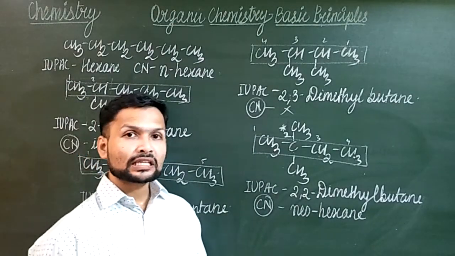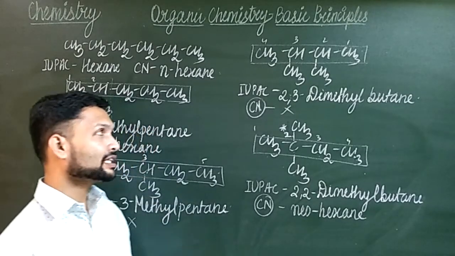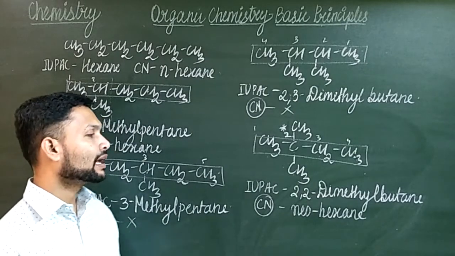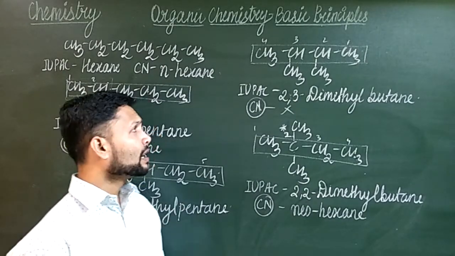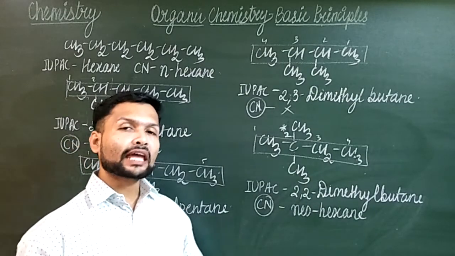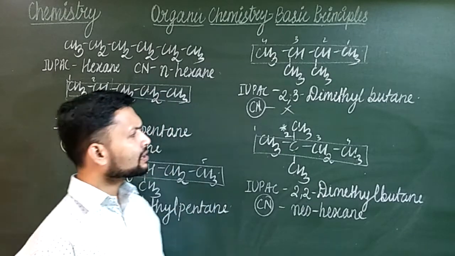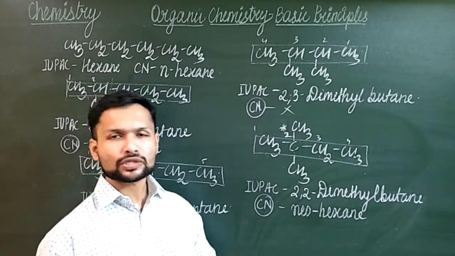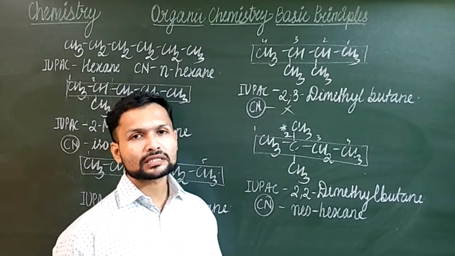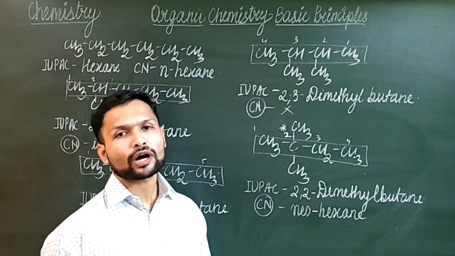So hopefully till 6 carbons I have explained each and every structure, and I have given its IUPAC name and also its common name. For boards, this much is enough. For even entrances, when they are asking some reactions, till this it's almost enough. Now the only thing we have to see is some bigger alkanes, and those examples generally come for IUPAC name.